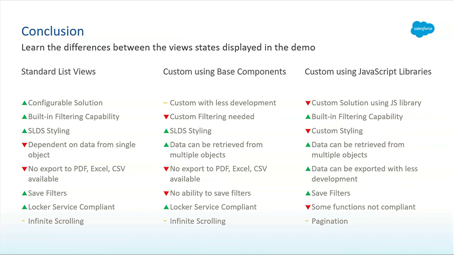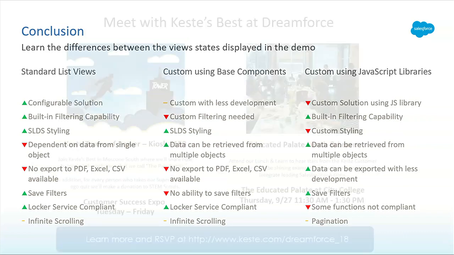I'm sure this presentation will be available, so you can review this list of the pros and cons of the different approaches. With most of the standard list views, we have a configurable solution, built-in filter capabilities, SLDS styling, and things like that. We're running short on time, so I'm not going to cover all the items, but you can review the list. Your first pass should always be the list views, then the base components. And if they can't solve your problem, then go to the JavaScript libraries.